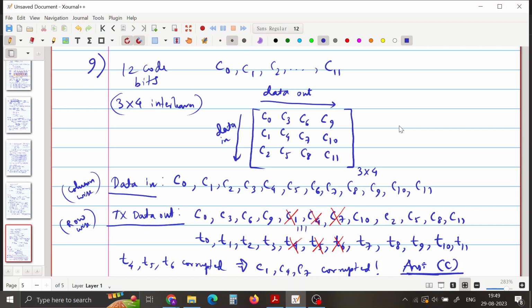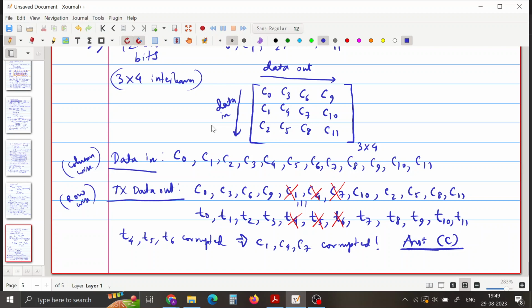Forward error correction schemes are meant for handling errors in random locations. So in order to randomize my error locations, this change of order is followed. That's the reason.